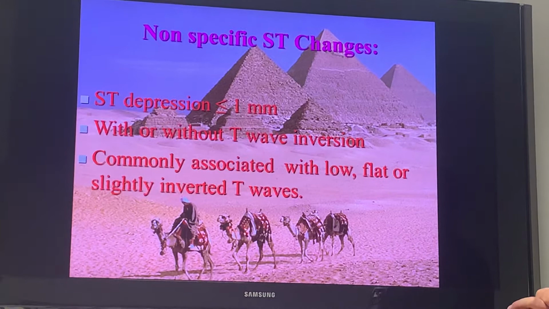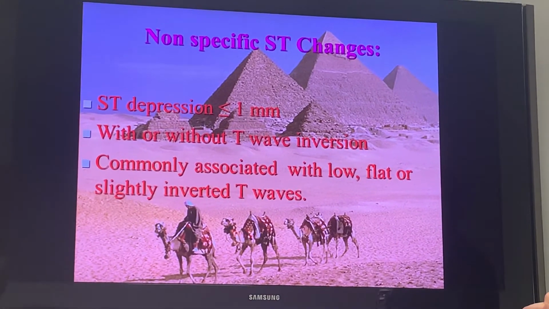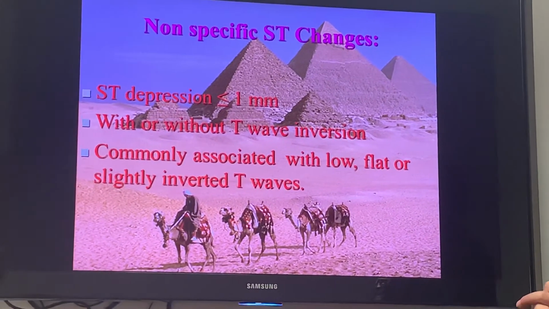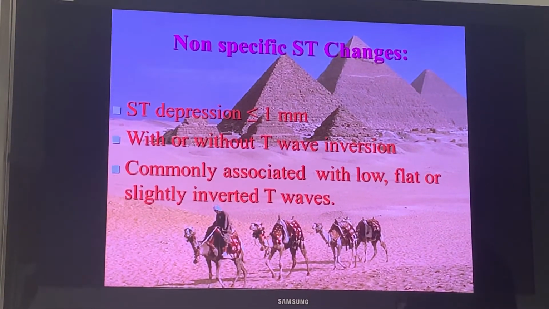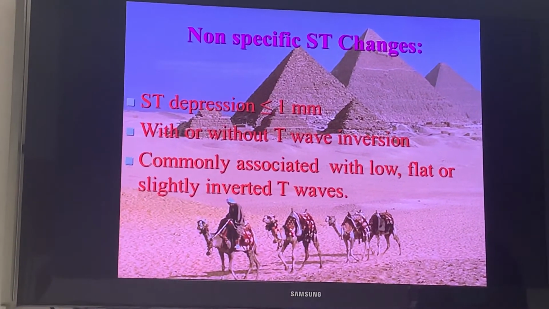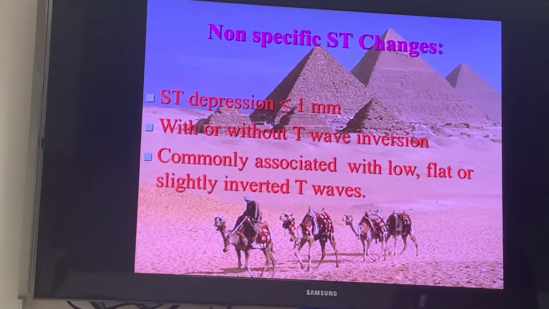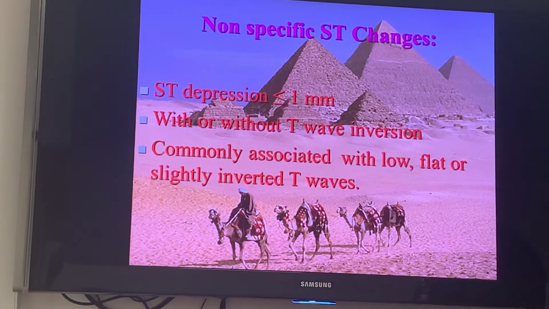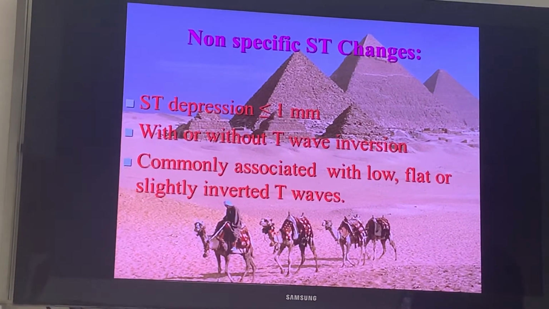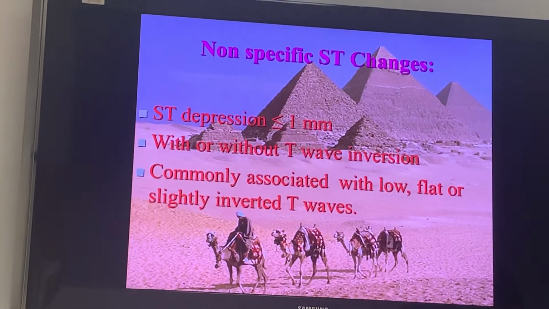But if you find that the depression is less than one small square, or elevation less than one small square, we cannot diagnose MI, we cannot diagnose ischemia, but we call it non-specific ECG changes. We can just put it in the background, maybe repeat the ECG, and compare with the old one to see why it is like that. But usually it's not specific for diagnosis.